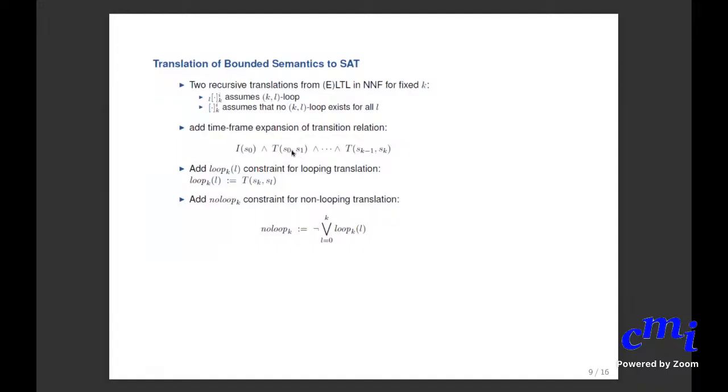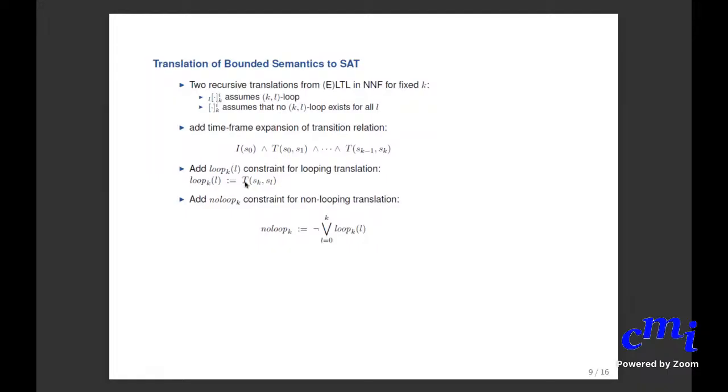It starts from the initial state, where the starting state S naught satisfies the initial predicate, and any two successive states in the sequence are related by the transition relation.